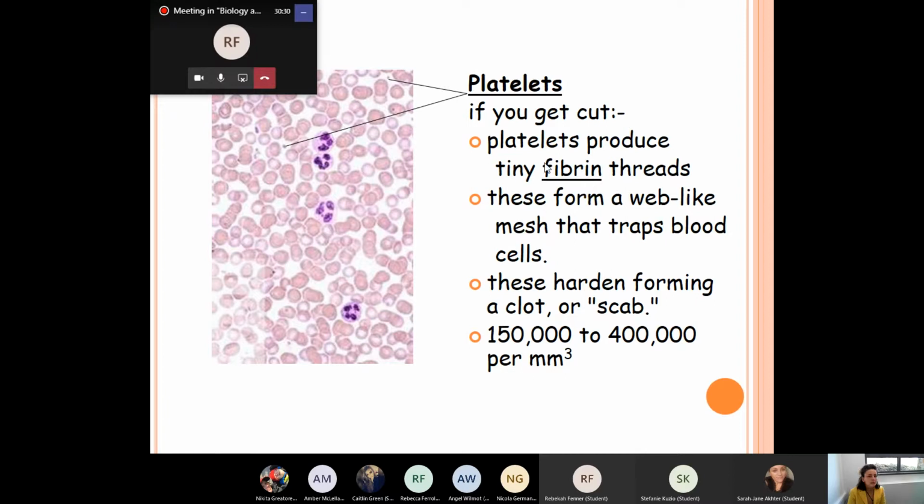Red blood cells and other cells get caught in those fibers, and then this dries up to produce a scab, or a clot if it's an internal cut. A bruise is like a scab, but on the inside of your body rather than outside. That's a summary about platelets.